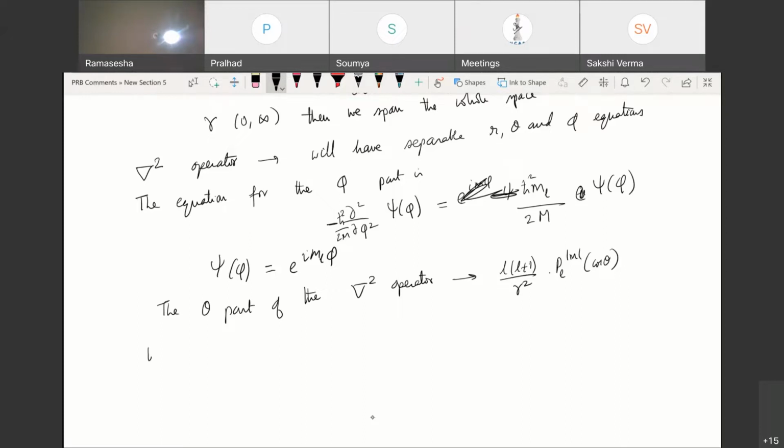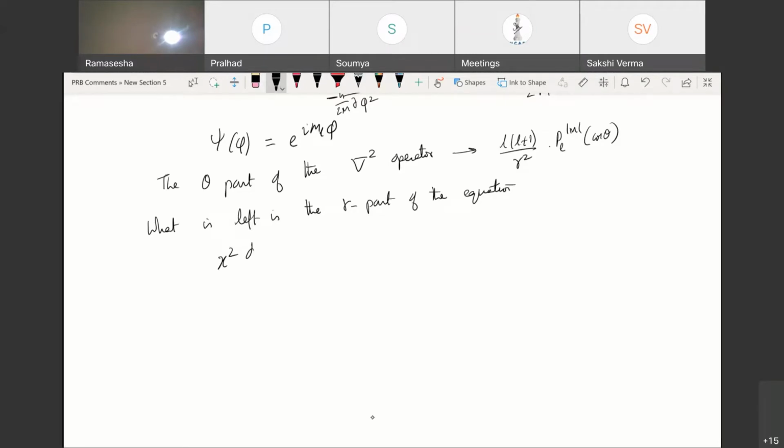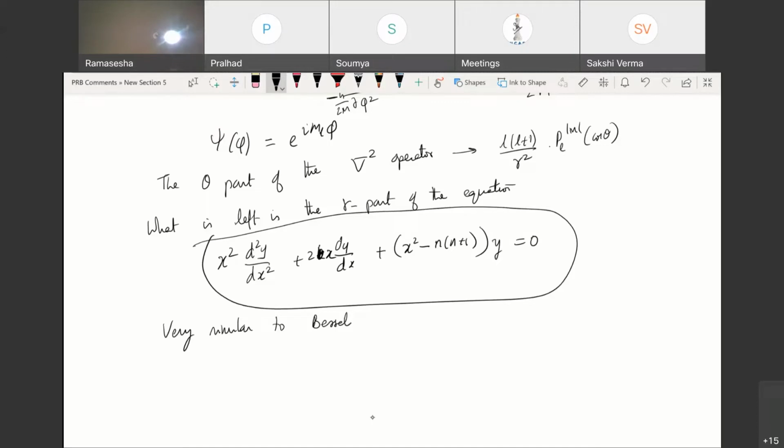Then there is the R part, and the R part of it, if I do the change of variables, then I have the radial equation.